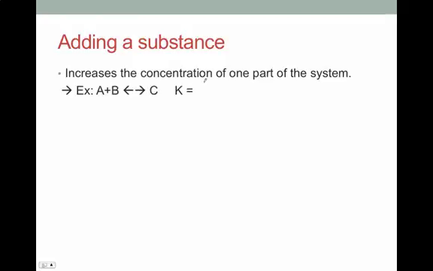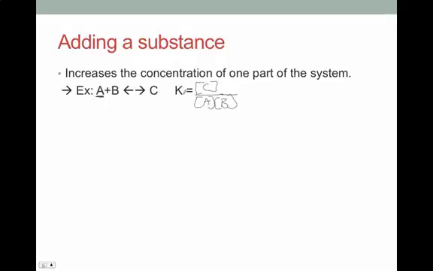The expression for that would be the concentration of C over the concentration of A times the concentration of B. So if I add more A to this system, then my equilibrium expression will no longer equal this K value. In order to reestablish equilibrium, this ratio in the equilibrium expression has to equal this K value again.